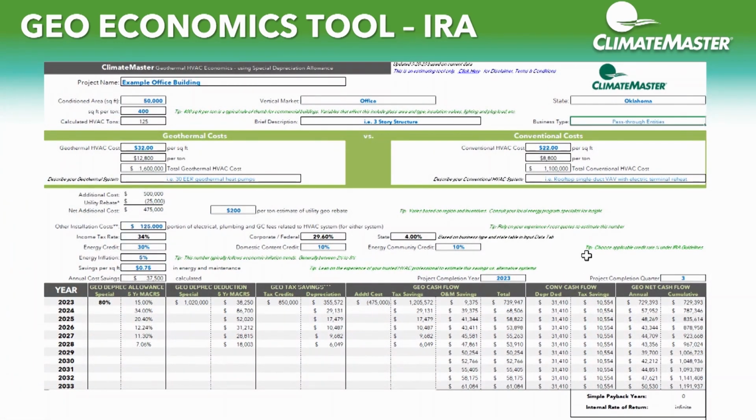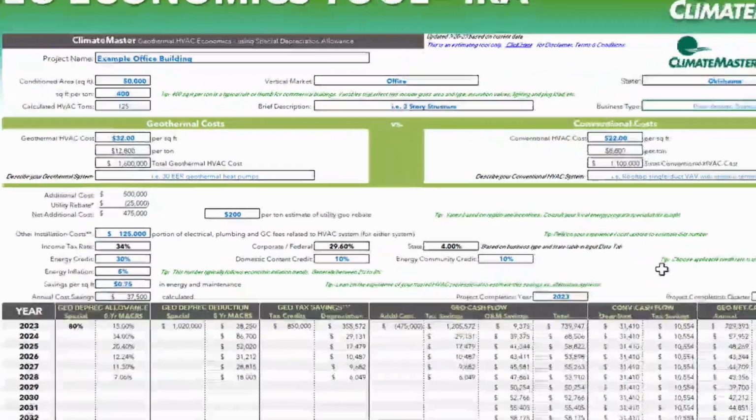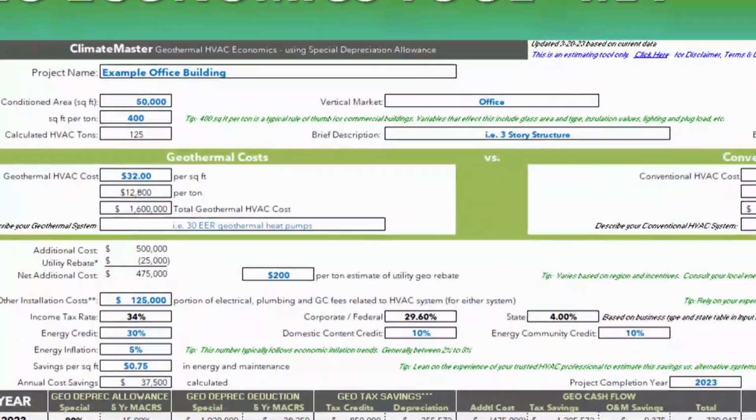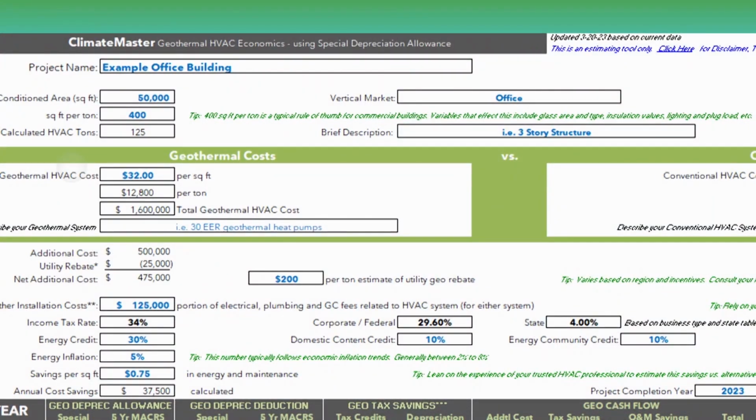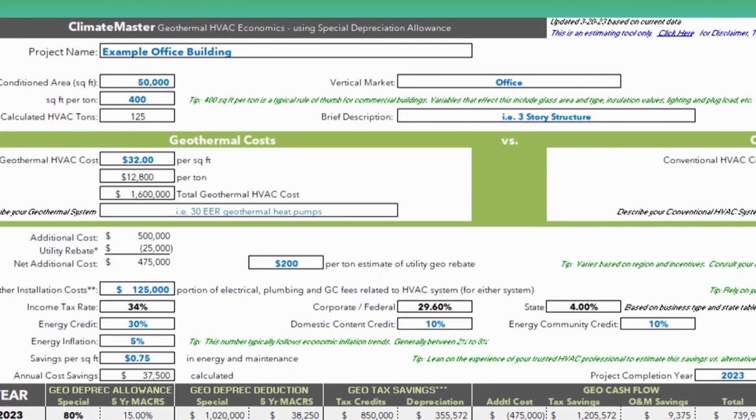So this is the new tool. It's just been cleaned up and refined. This is an example right now with today's pricing on things in Oklahoma City. We have an office building here. It's 50,000 square feet.